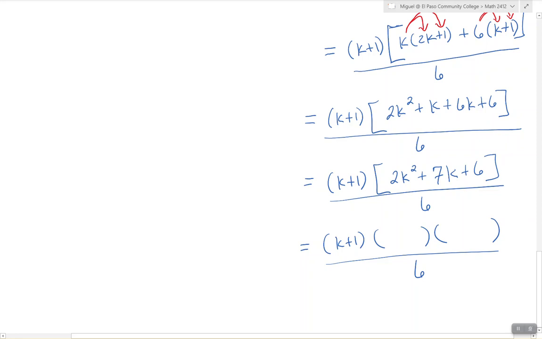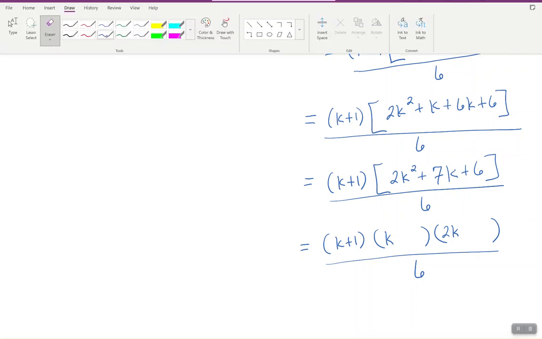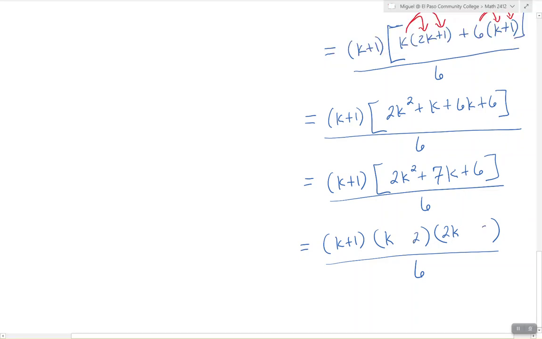So 2k and 1k. That's 2k squared. And then we need to get a 6, right? So that's going to be either 6 and 1 or 3 and 2 in some combination with these. So let's try. If I do 3, 2, that's going to be 6k's and 2k's. It does not give me 7. So what about 2, 3?